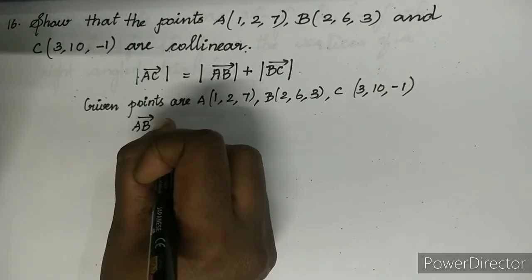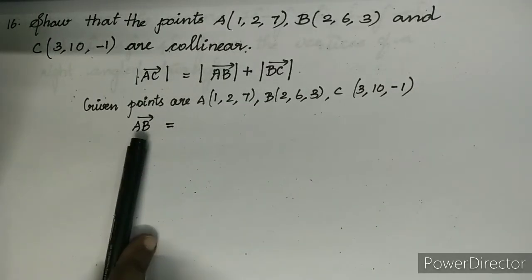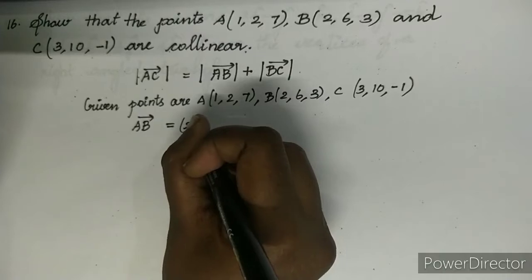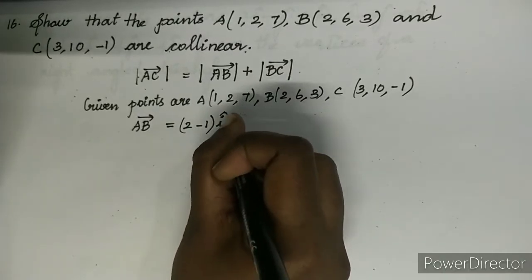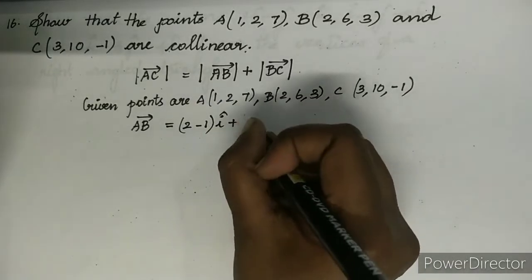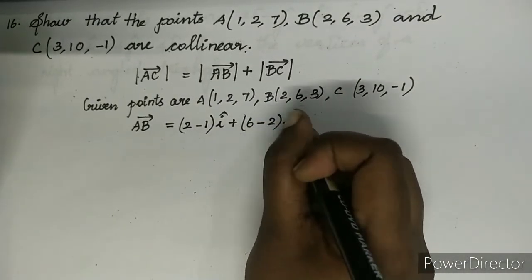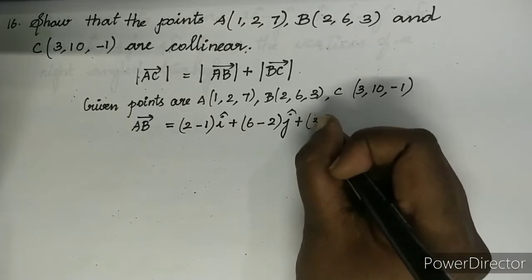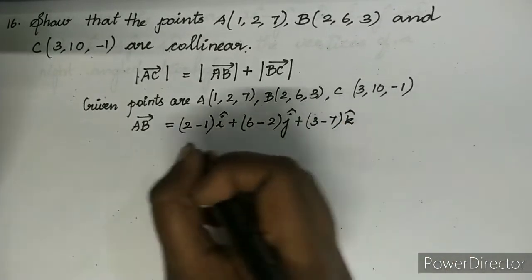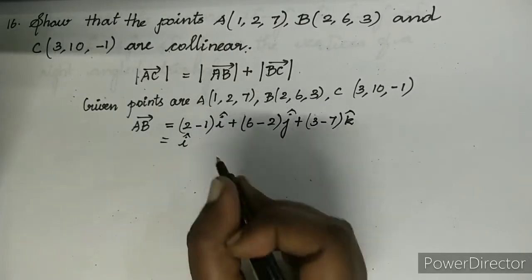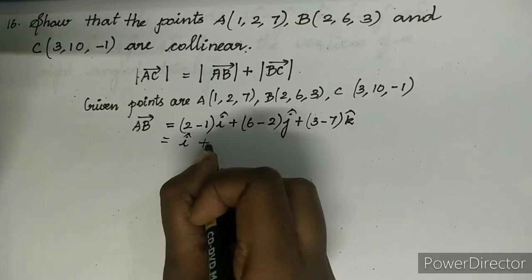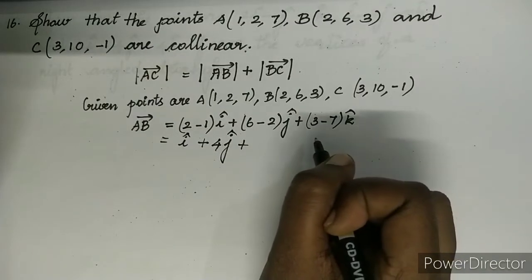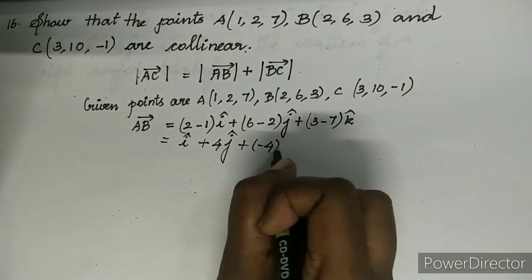AB vector is equal to, here the initial point is A and terminal point is B. So 2 minus 1 i cap plus 6 minus 2 j cap plus 3 minus 7 k cap. 2 minus 1 is 1 i cap, plus 6 minus 2 is 4, so 4 j cap, plus 3 minus 7 is minus 4, so minus 4 k cap.